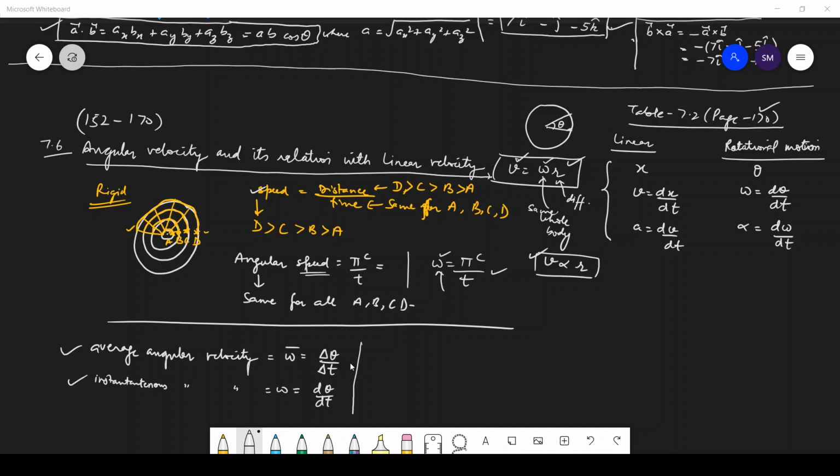So if you hold your fingers in the clockwise direction, the thumb will be on the right hand side, and if you hold your fingers anti-clockwise, the thumb will be on the left hand side. So have you understood the direction of angular velocity? And what is the magnitude? The magnitude of angular velocity is omega equals d theta by dt. So at any particular time we can tell the magnitude of the angular velocity and its direction. Is this okay?